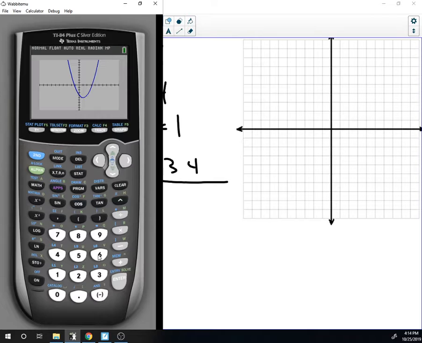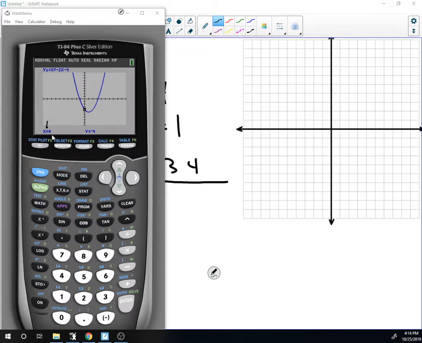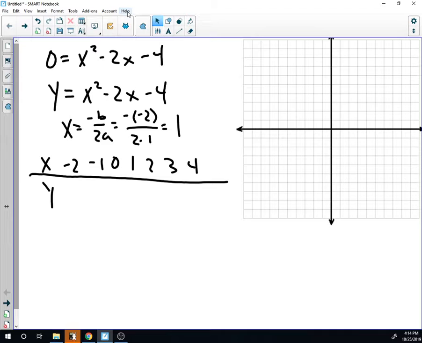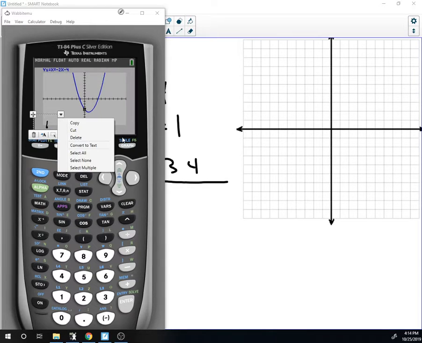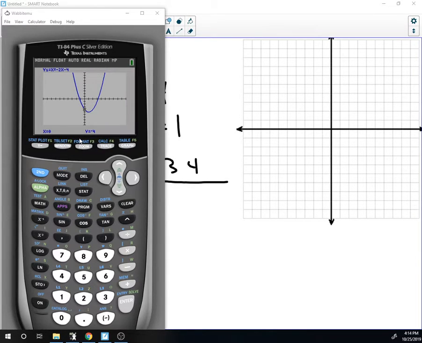When I hit trace, at x equals 0, y is equal to 4. I'm going to get rid of those extra marks with delete, because I don't like them, and make the graph big again.